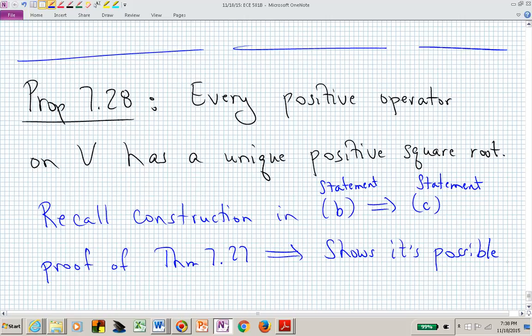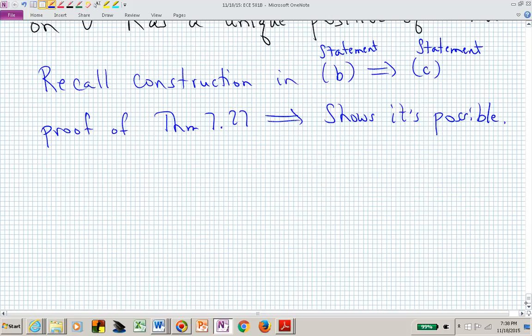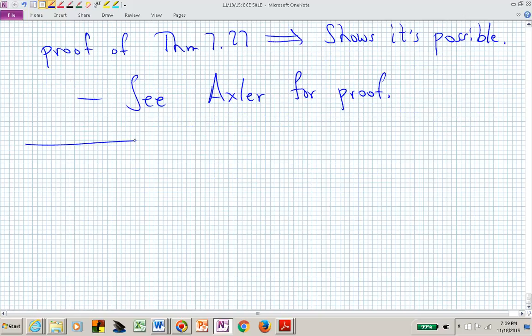That shows it's possible, and what I would defer you to is the textbook for the proof of proposition 28. Let's now look at an example of that in the form of a matrix.